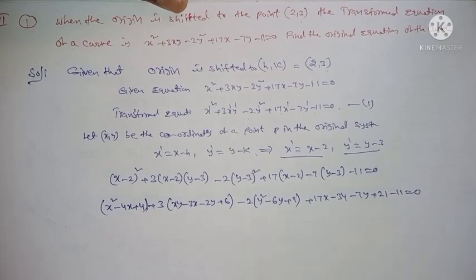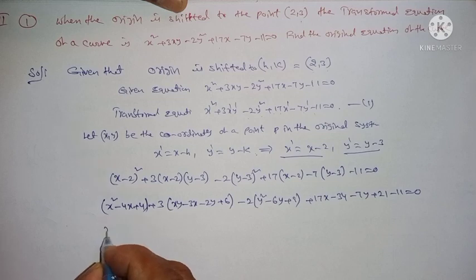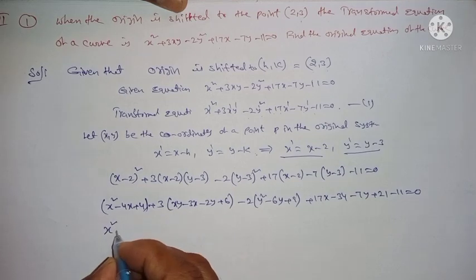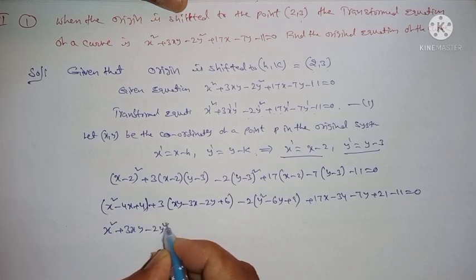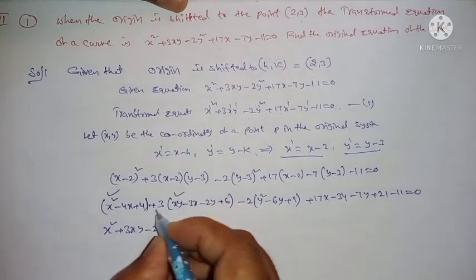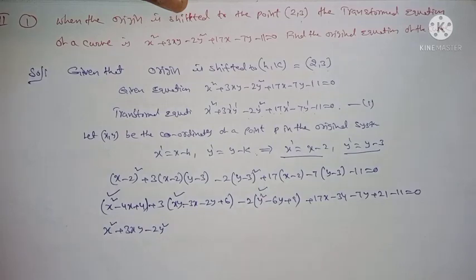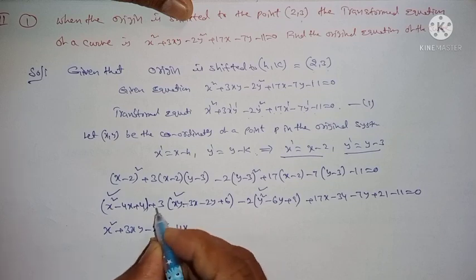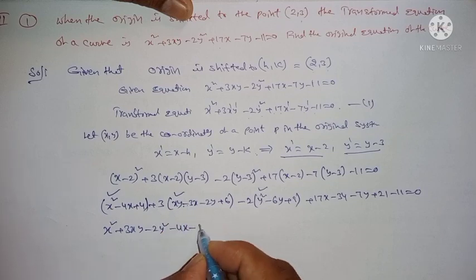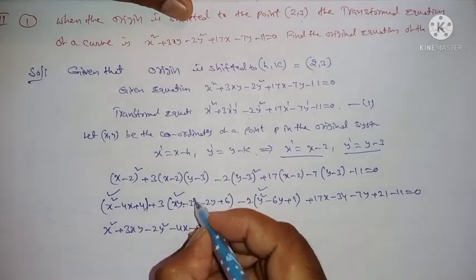Again you can simplify: x square as it is plus 3xy minus 2y square. This term is over. And the remaining terms: minus 4x, minus 9x, x term is over.